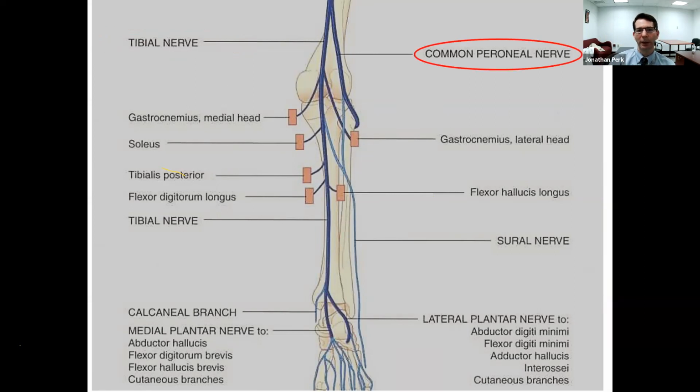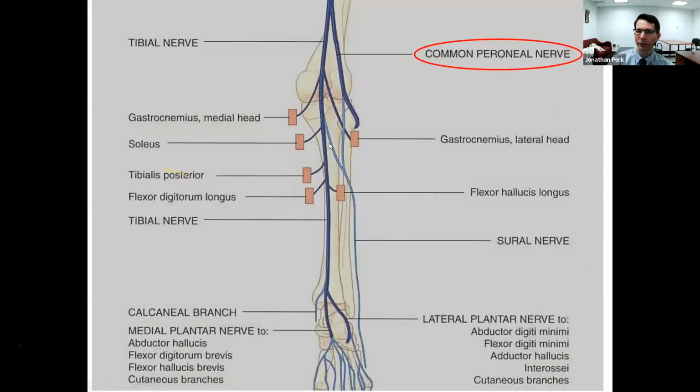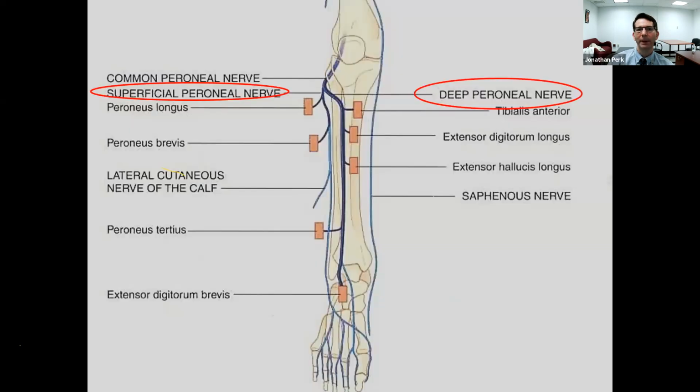Now the common peroneal, which is the other component of the sciatic nerve. And here you see how it meanders down, and we're flipping the patient over. So here we're looking at the patient from the back. And now we're flipping the patient and we're looking at the patient from the front. I hope it's clear to everybody.